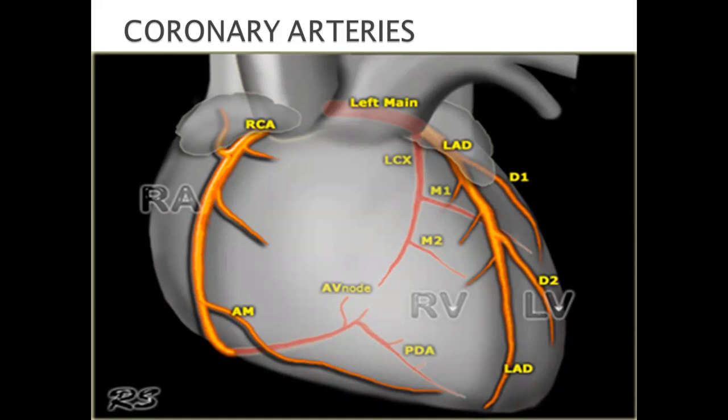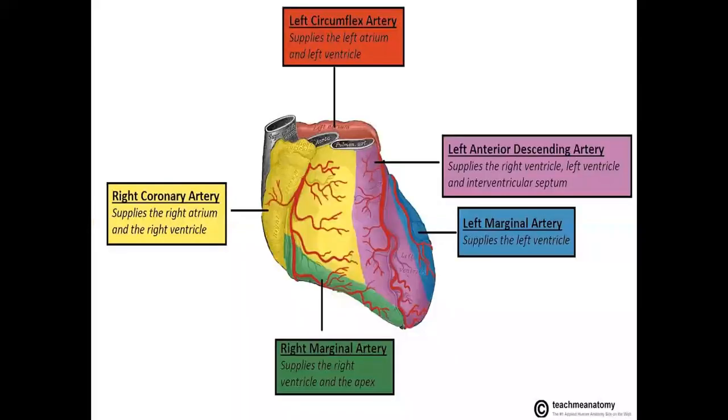These small vessels are very important to know, because when you start scanning, you need to know which vessel is branching from which. If there's a problem in one vessel, you need to be aware of which artery the problem is in, so that you don't mislabel the pathology.